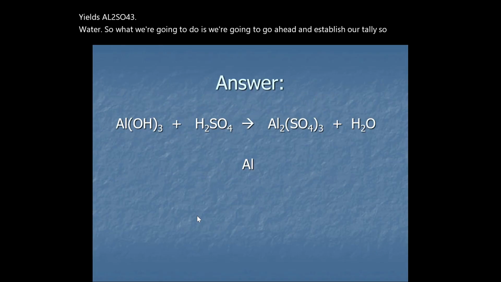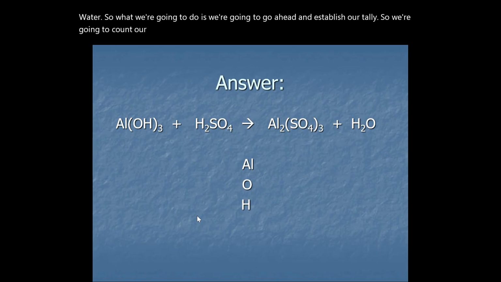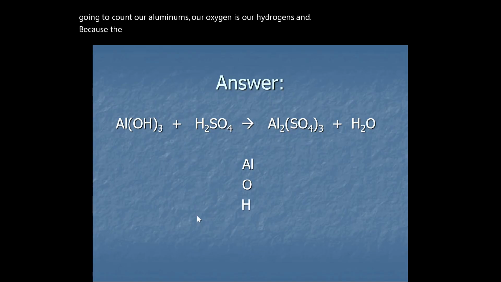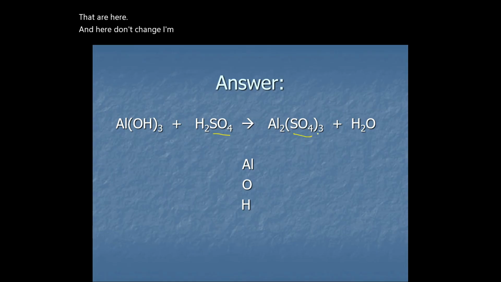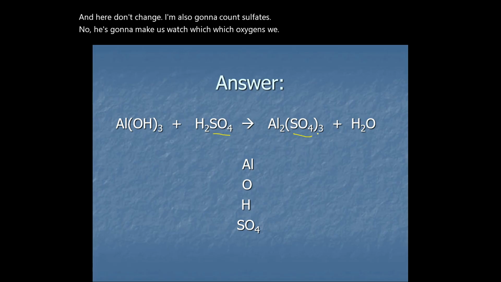We're going to count our aluminums, our oxygens, our hydrogens, and because the SO4s that are here and here don't change, I'm also going to count sulfates. Now it is going to make us watch which oxygens we mess with, but I think we can handle this.